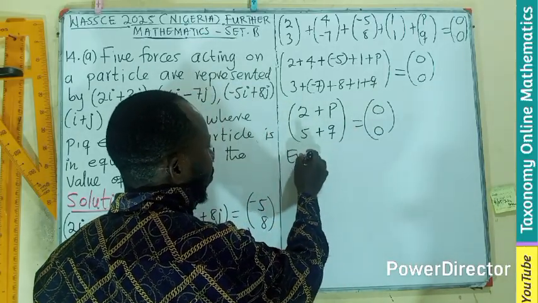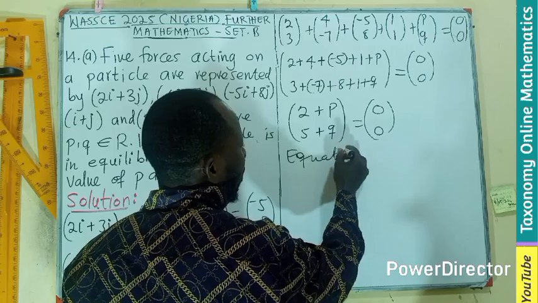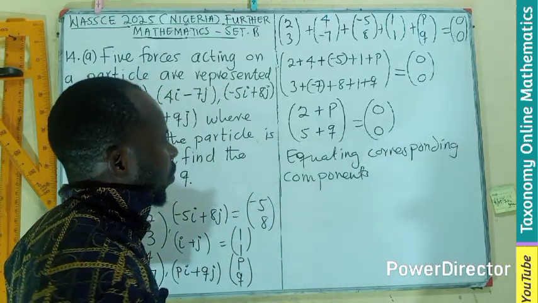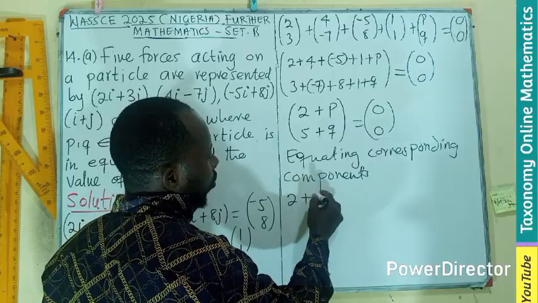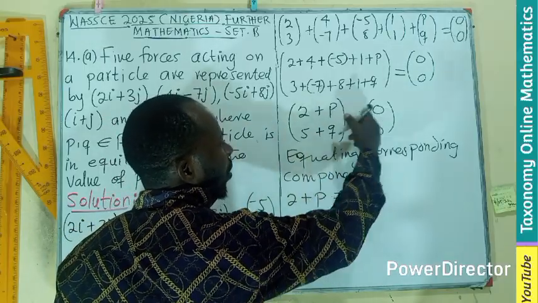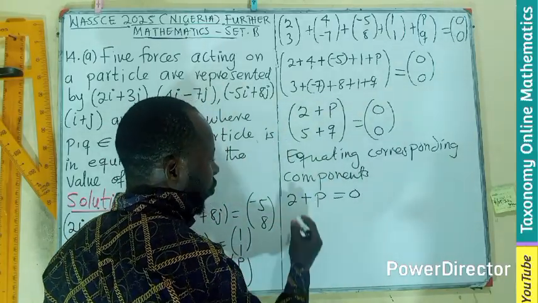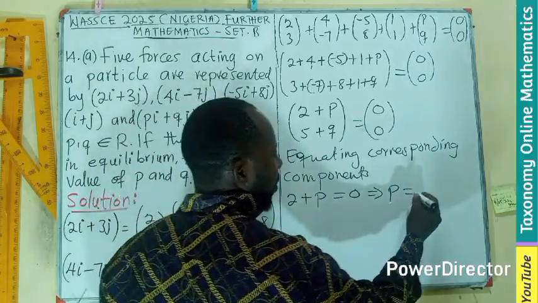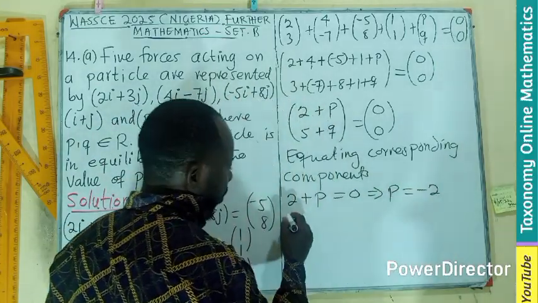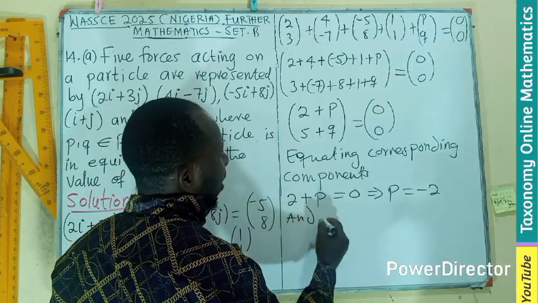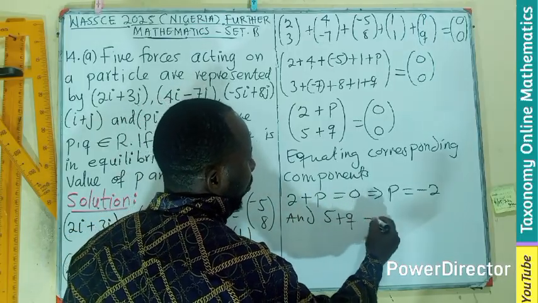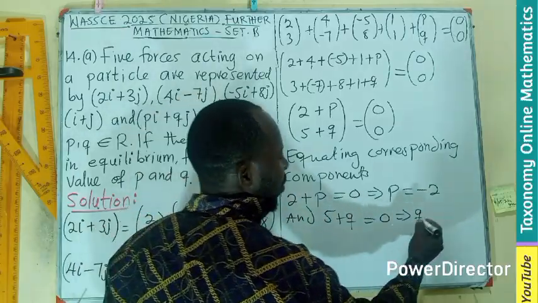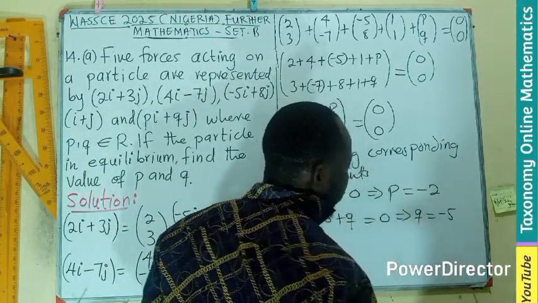So if you equate corresponding components, we can see that 2 plus P will be equal to 0. That's the x component. So that will imply that P will be equal to, as you transpose this, negative 2. And if I have 5 plus Q equals 0, if I transpose the 5, it gives you negative 5.